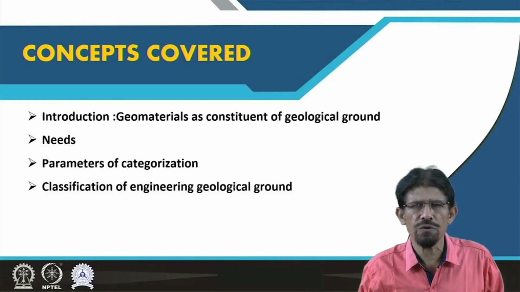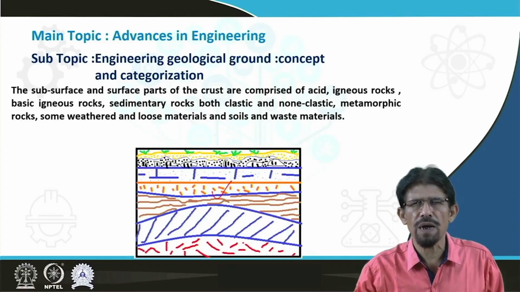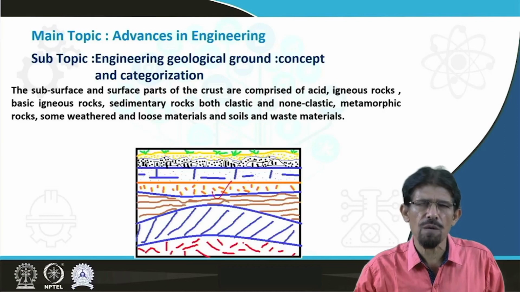of engineering geological ground. Friends, as you know, the surface and subsurface part of the crust or earth are comprised of igneous, metamorphic and sedimentary rock. In igneous rocks, we have acidic rock, basic rock, ultramafic rock. In sedimentary rocks, we have clastic rock, non-clastic rock, and varieties of metamorphic rock.